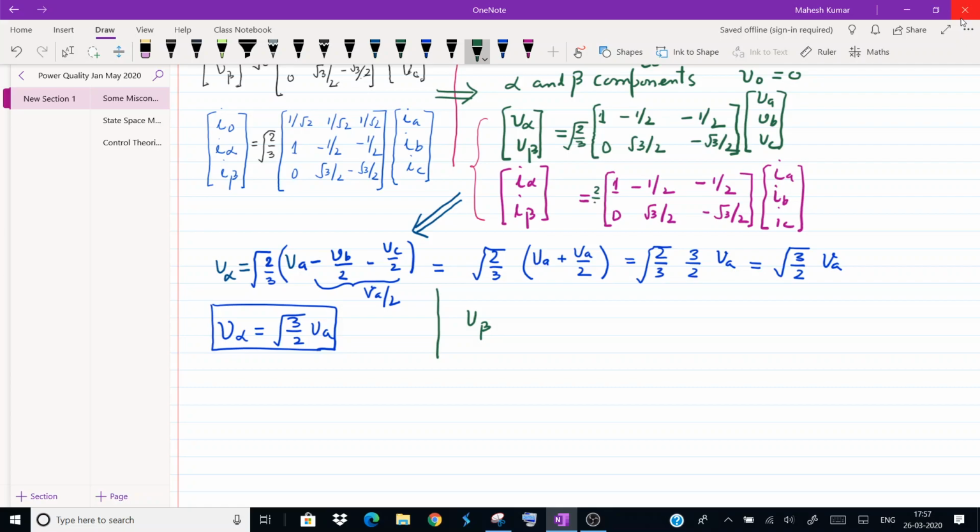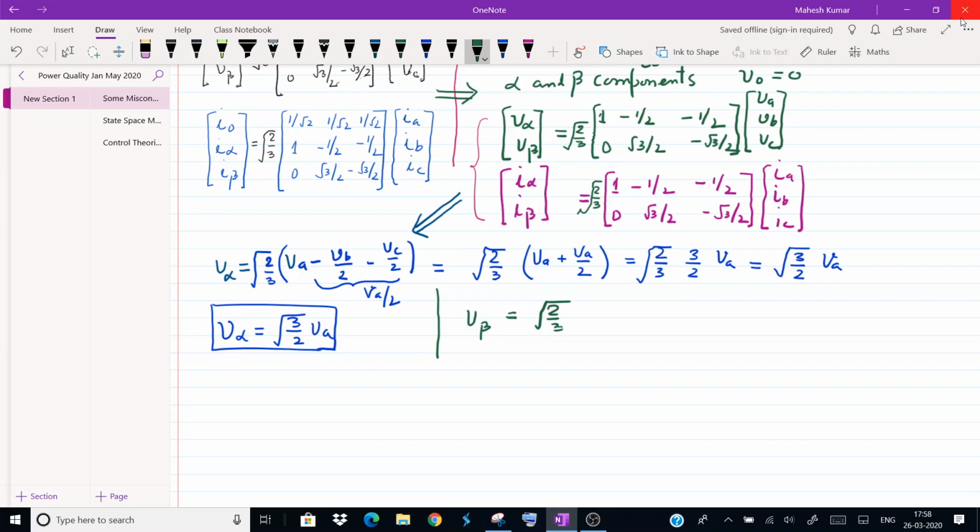So V beta is square root of 2 by 3 into, what is here?